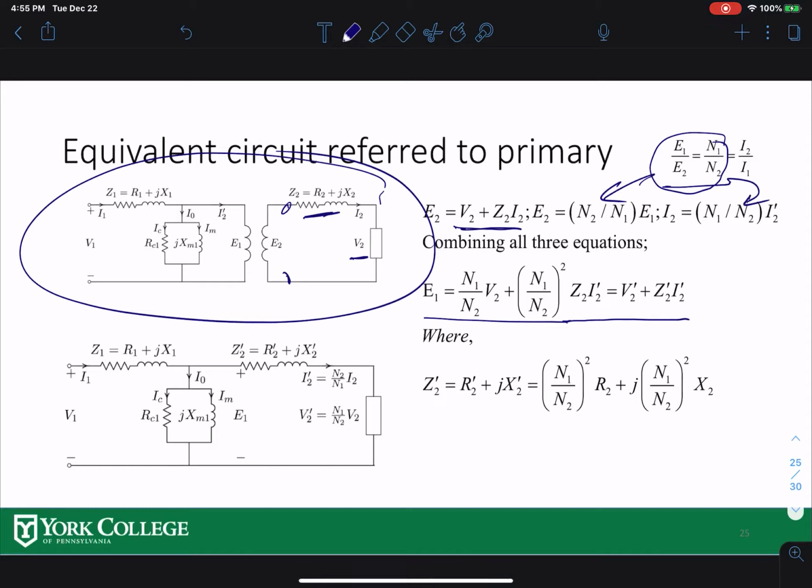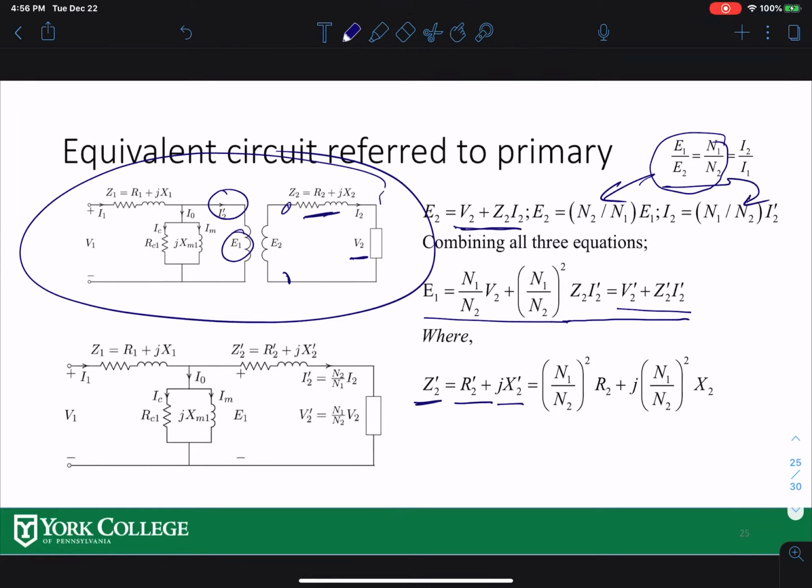All right? So if you look at here, E1 right here depends on N1 over N2 times V2, and N1 over N2 squared times Z2 times I2 prime. I2 prime is right here, okay? So if you combine that, I say V2 prime, all right, and Z2 prime times I2 prime. And what are these? Z2 prime over here is R2 prime plus jX2 prime.